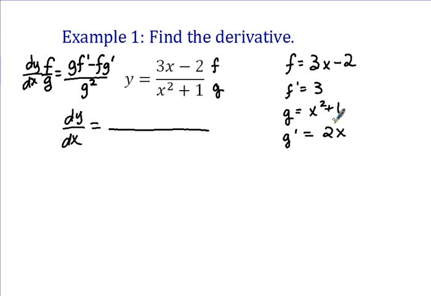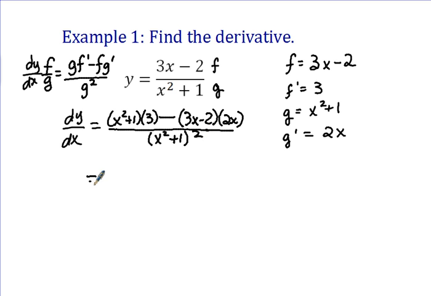My g is x squared plus 1. f prime is 3, minus f times g prime. My f is 3x minus 2, and g prime is 2x. And this is all over g squared. g is x squared plus 1, squared.